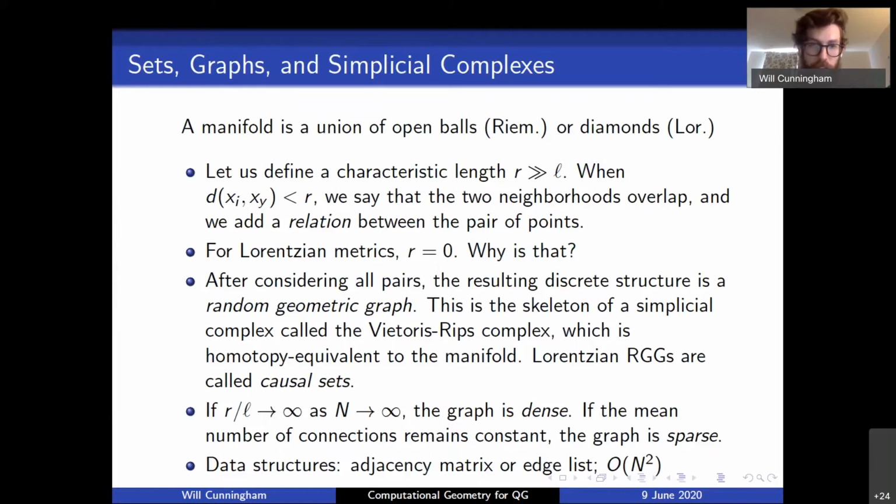On the Lorentzian side, these random geometric graphs are called causal sets, and this forms one of the main approaches to discrete quantum gravity. Causal set theory is particularly interesting because it's the closest to discrete geometry. So if we're really thinking about how we get a continuous, smooth Lorentzian manifold from some fundamental building blocks, this is one of the ways that people do it.